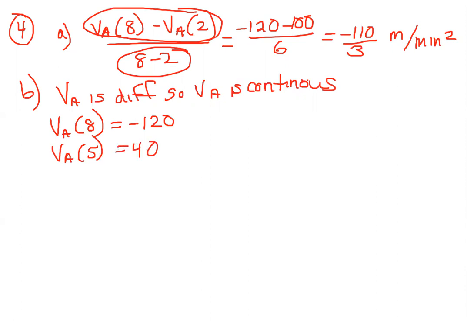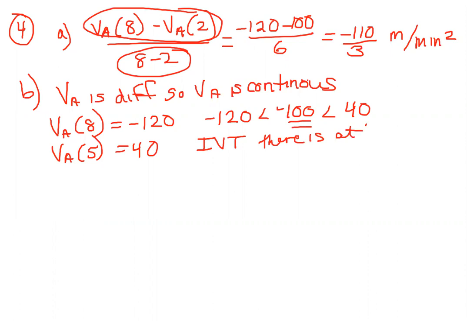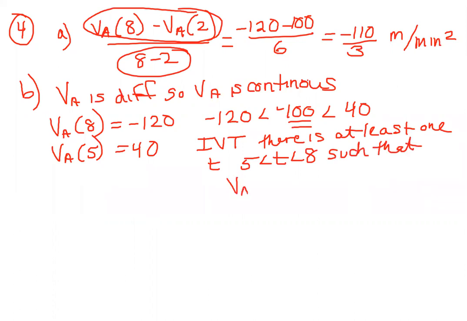So since that is the case, you would say, since -120 is less than -100, which is what they're asking you, which is less than 40, then the intermediate value theorem says that there is at least one t between 5 and 8 such that v_A of t equals -100.